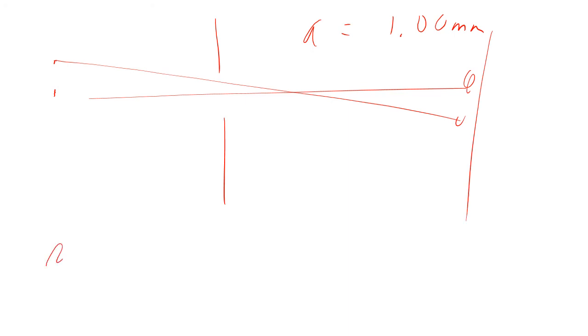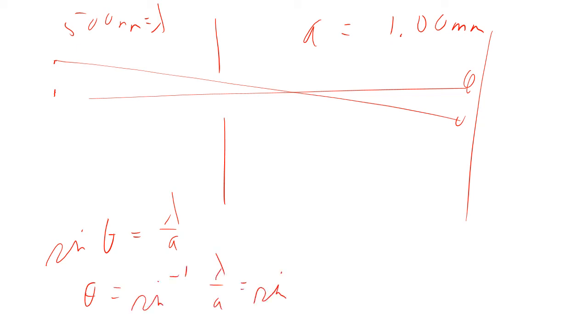Sine theta, still with 500 nanometer wavelength, is lambda over A. So theta equals the inverse sine of lambda over A, which is the inverse sine of 500 times 10 to the minus 9 meters over 1 times 10 to the minus 3 meters. Now you just divide this out.